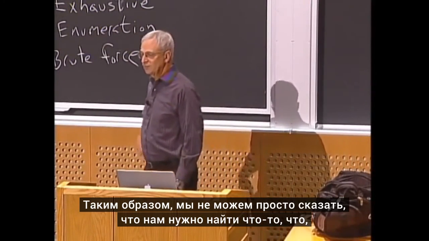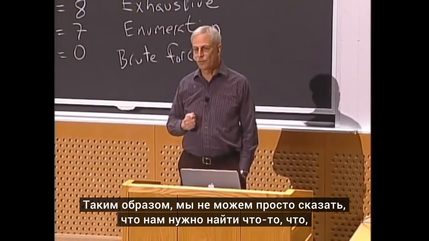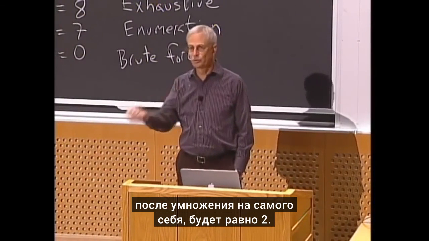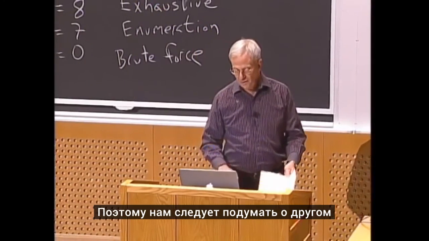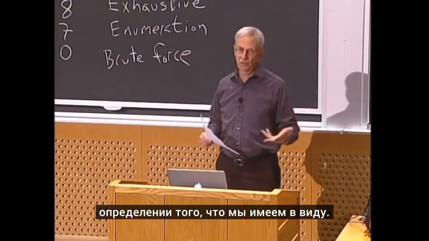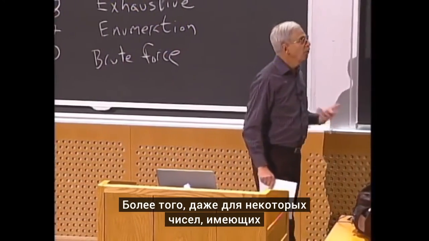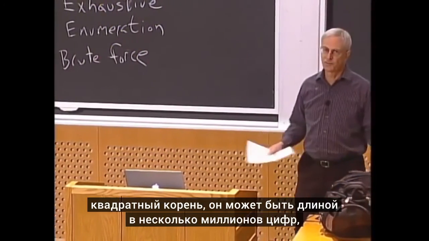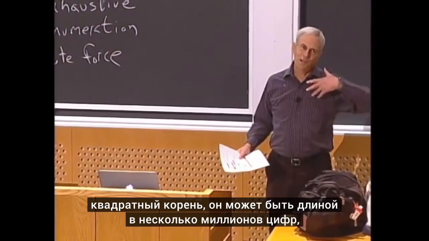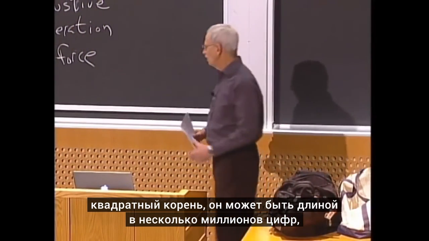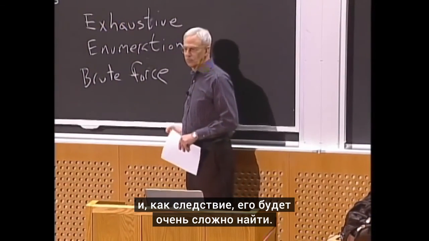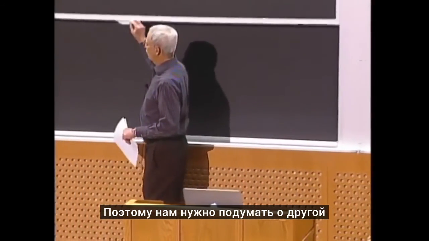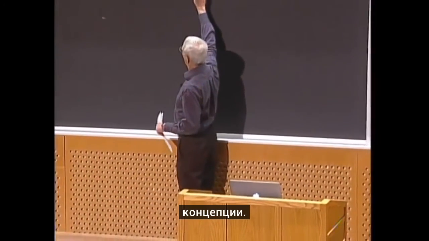So we can't just say we have to find something that if we multiply it by itself, it will equal 2, because we can't find such a thing. So we've got to think about a different notion of what we mean. Furthermore, even for some numbers for which there is a square root, it might be 1,000,000 decimal places long and consequently really hard to find. So we need to think about a different kind of concept here.